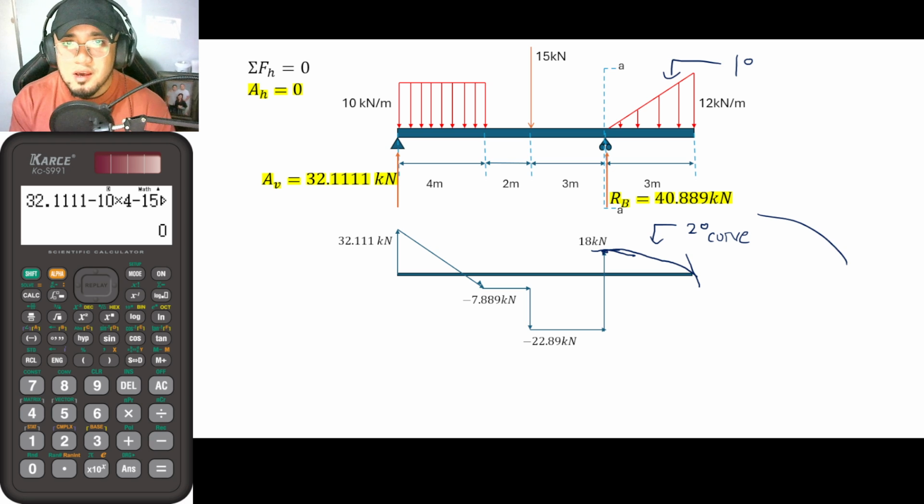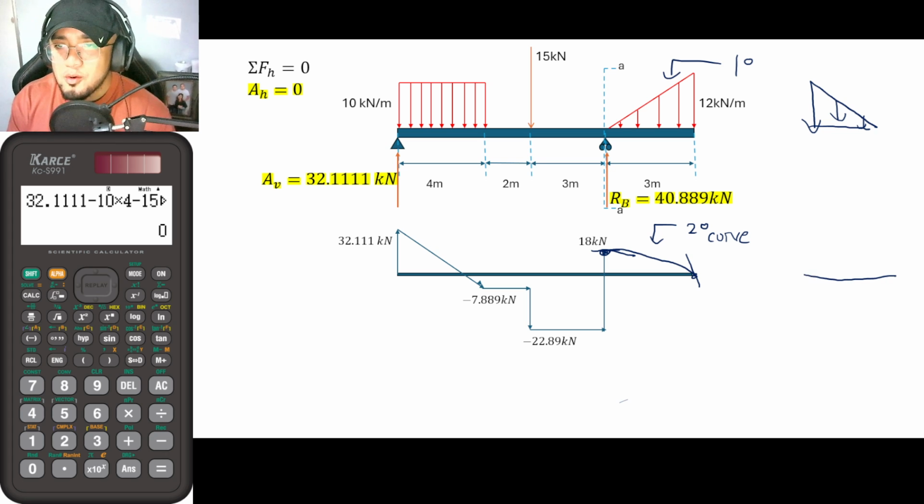Okay. So in a situation where, suppose that your load is, let's say, like this, whereas it is reversed. Suppose that this is now your curve. For its shear diagram, guys, let's say that these are still your values. Whenever you are to plot it, it would now look like this. So suppose that this is the first point and this is the second point.